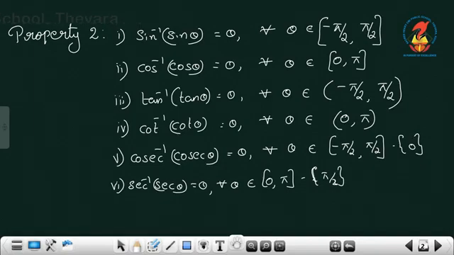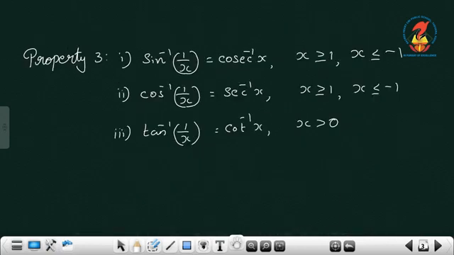Cosec inverse of cosec theta is equal to theta for all theta belongs to the closed interval [-pi by 2, pi by 2] minus 0. Now the last one, sec inverse of sec theta is theta for all theta belongs to the closed interval [0, pi] minus pi by 2. This also we discussed.